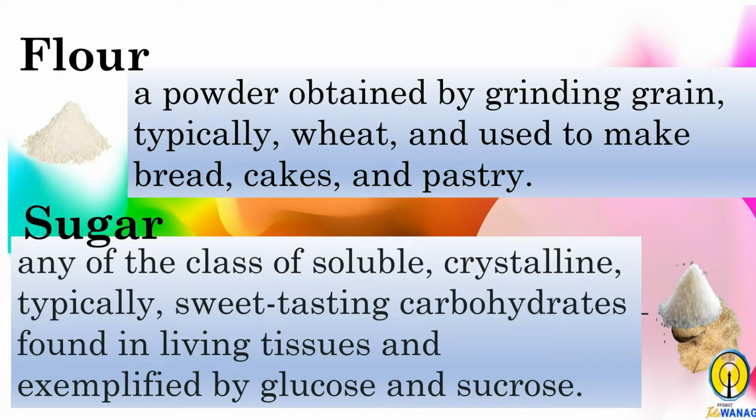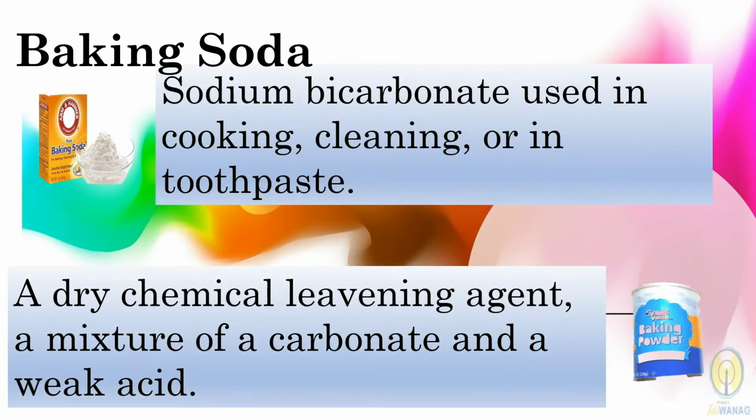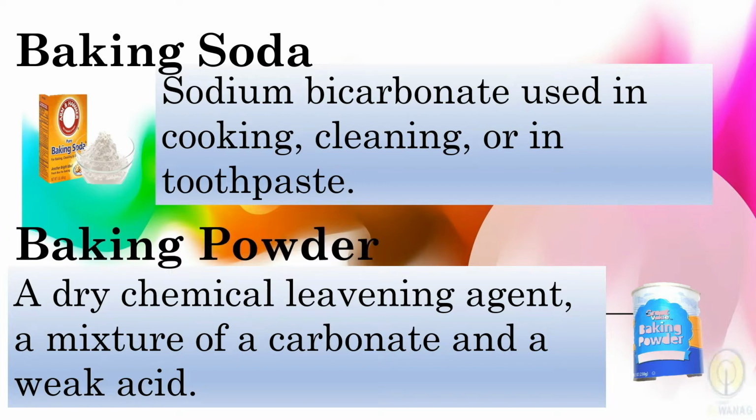Sugar, any of the class of soluble, crystalline, typically sweet-tasting carbohydrates found in living tissues and exemplified by glucose and sucrose. Baking soda is a sodium bicarbonate used in cooking, cleaning, or in toothpaste. Baking powder is a dry chemical leavening agent, a mixture of a carbonate and a weak acid.